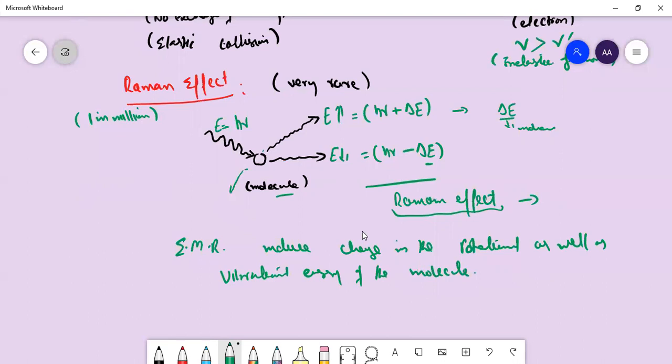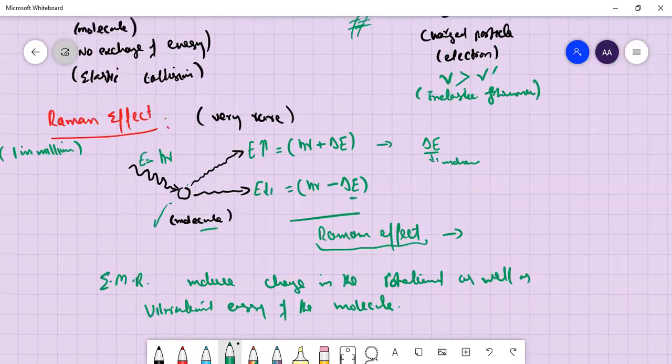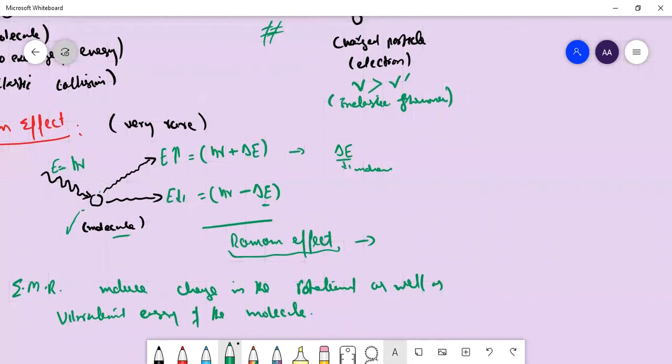Because it is changing the energy of the scattered light, light scattering from this molecule, it means that this electromagnetic radiation will induce change in the rotational as well as vibrational energy of the molecule.